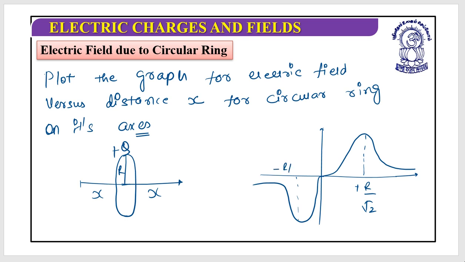This should be the minus of r by root 2, at which electric field will be a maximum. And as soon as you move away from r by root 2, the electric field starts decreasing. So this would be the situation. This is very very important, please remember this. This will help us a lot. Please remember this.